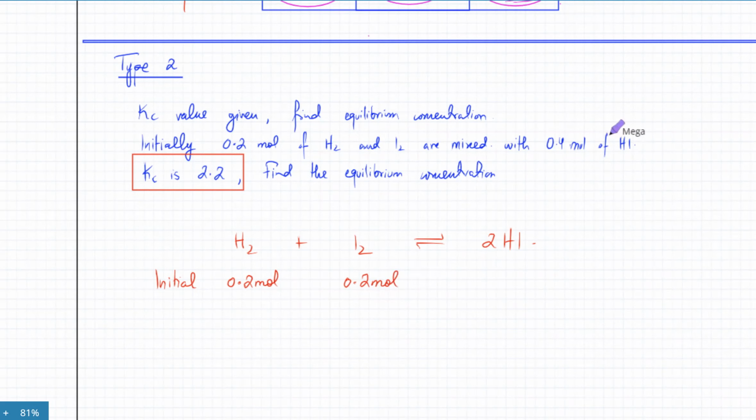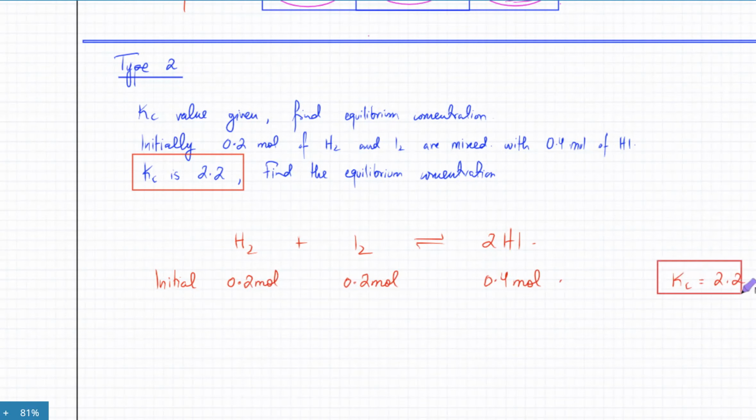That's written here as well, 0.4 moles of HI. And that's it. You just have initial moles, and they just gave you the value of Kc. The value of Kc is given as 2.2 and nothing else.